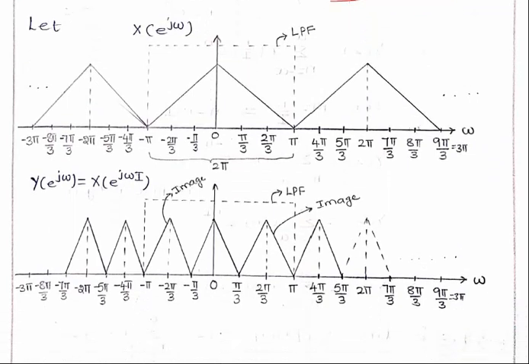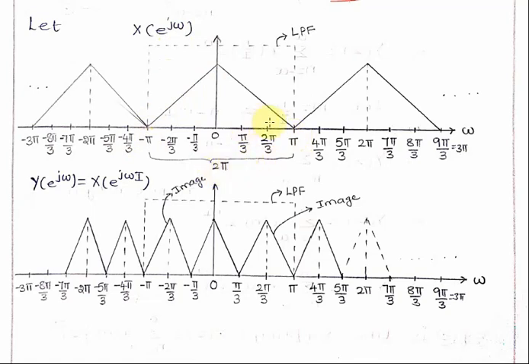Now we can understand by using this graphical representation. X of e power j omega is the frequency spectrum of input signal x of n. We know the frequency spectrum is repeating after every 2 pi radians per second. Here this spectrum is from minus pi to plus pi, total duration is 2 pi.